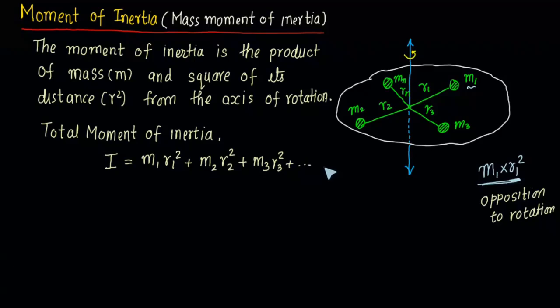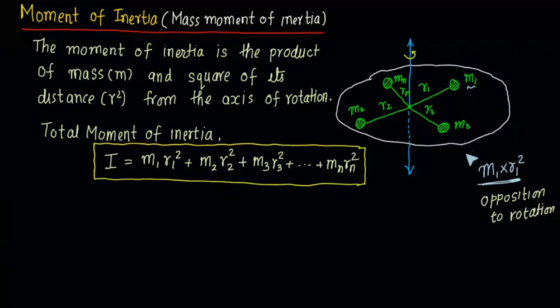There are many masses, and finally we write the moment of inertia by mass mn. This is the expression for the moment of inertia of a body which consists of the masses m1, m2, m3 up to mn, having distances r1, r2, r3 up to rn.